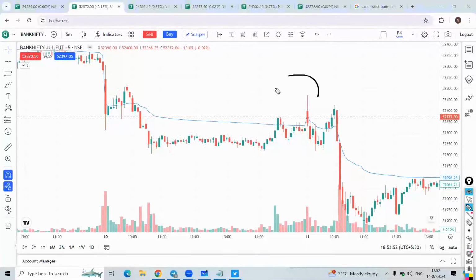As price is inside previous day's range, first of all, who has taken control in this previous session? In this session, from the start, high to low. Can anyone tell me whether this price action over here was more controlled by bulls? If you don't know the answer, no problem.